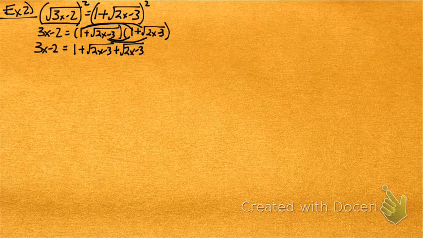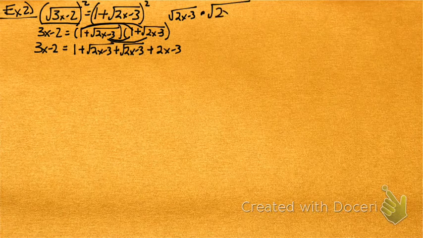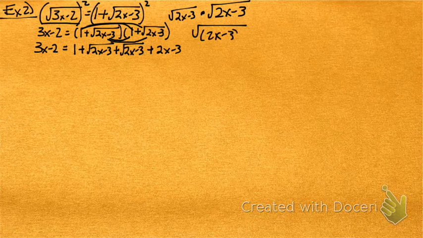Then the square root of 2x minus 3 times the square root of 2x minus 3 really is just going to be positive 2x minus 3. Again, remember, if you multiply a square root of 2x minus 3 times the same square root of 2x minus 3, you really have the square root of 2x minus 3 squared, and these undo these radicals. So you just get 2x minus 3, and that's a little tricky.